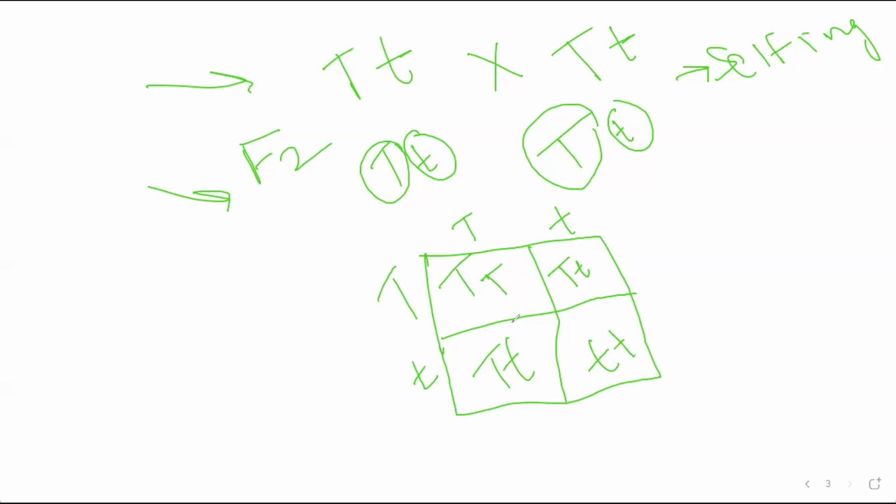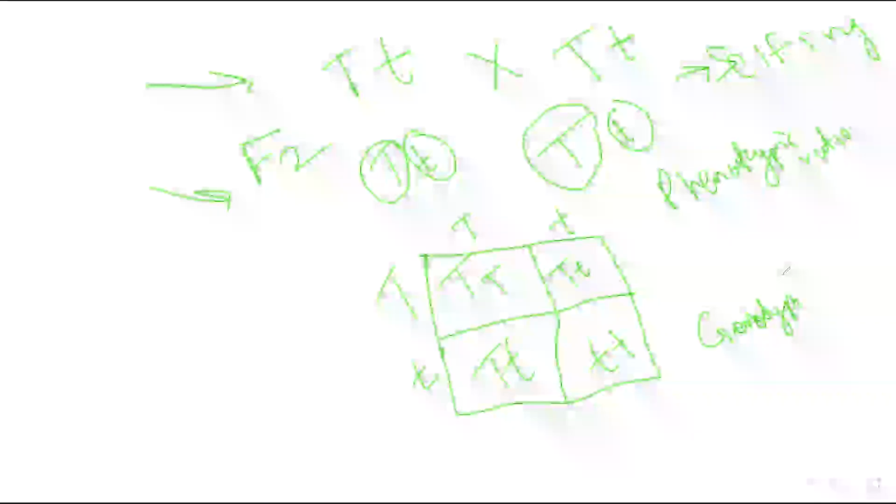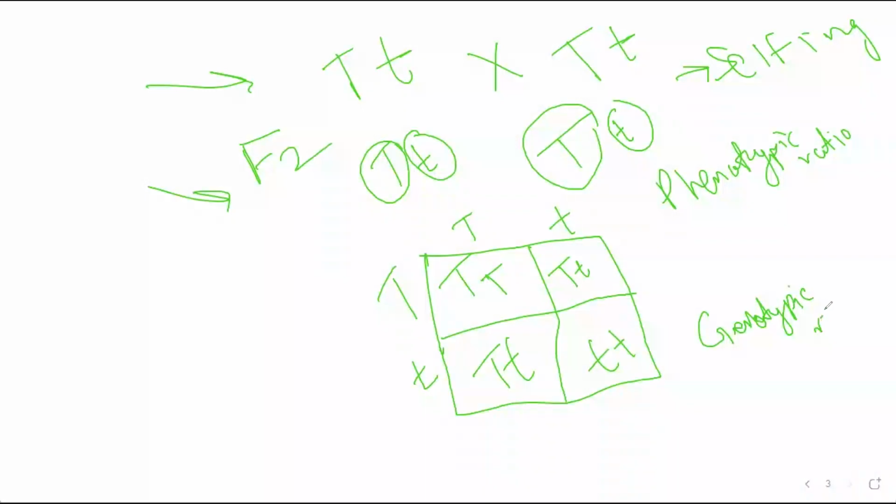Understood? So if I look at the phenotypic ratio, and if I look at the genotypic ratio, the phenotypic ratio is: there is one tall, one more tall, one more tall.